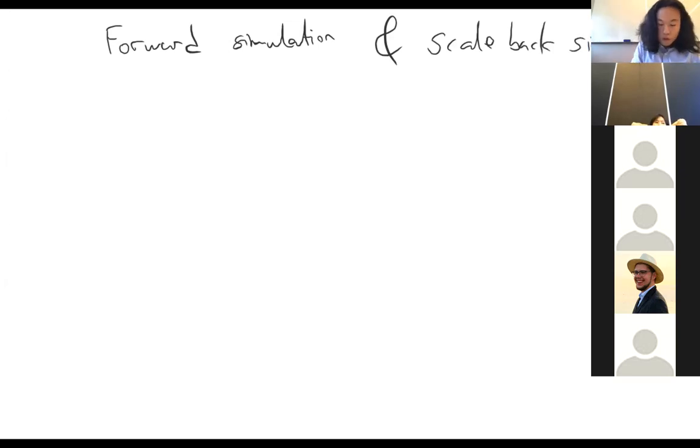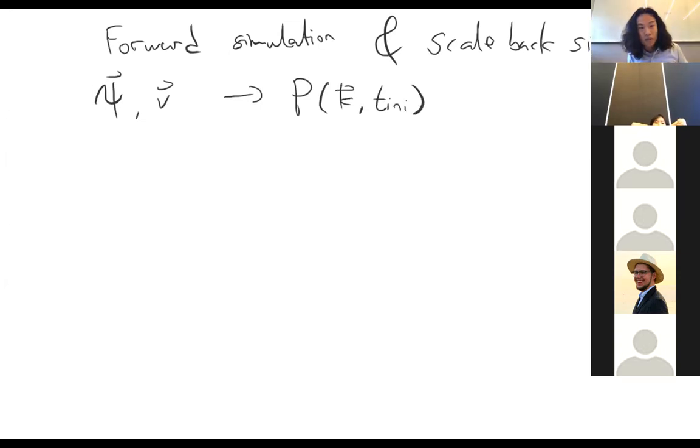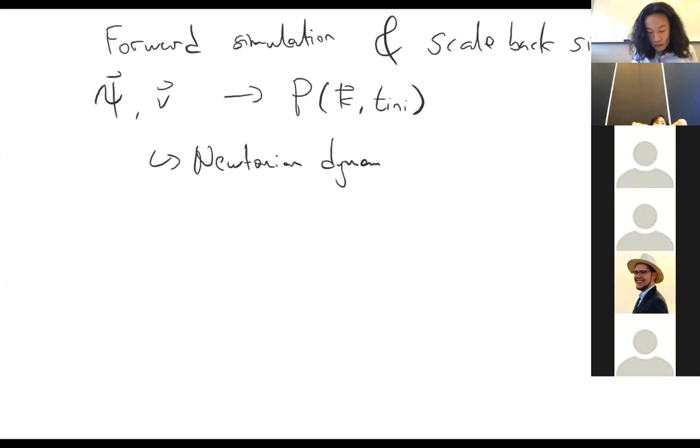So as we saw before, to get the displacement field and the velocity field, we just need the power spectrum at the time that we want to initialize the simulation. But the problem with doing this naively is that what we have derived in the n-body section is just Newtonian dynamics with CDM only.